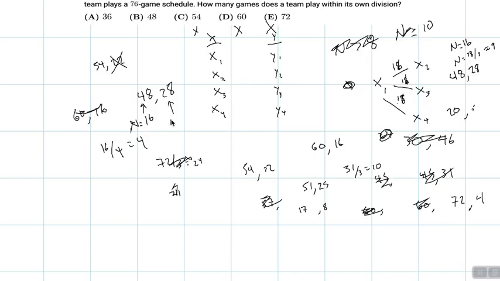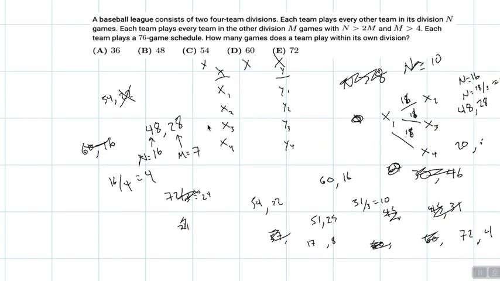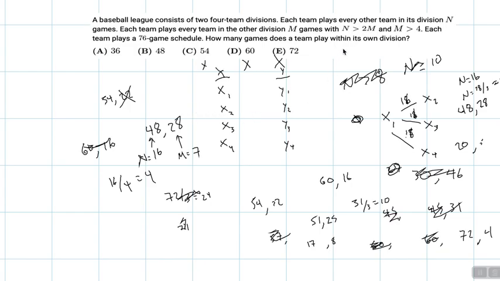This means that M is equal to 4 teams in this division. Therefore, X1 has to play each of these teams. 28 divided by 4 is 7. And this lines up because then, yeah, 16 is greater than 2 times 7, and M is greater than 4.